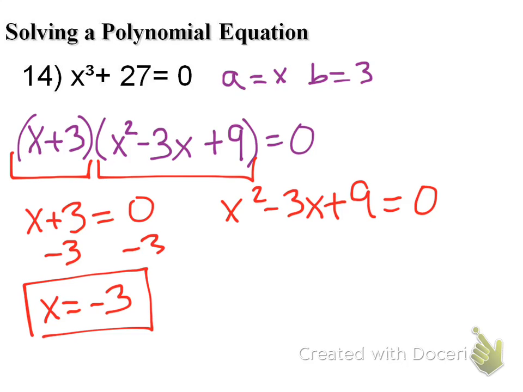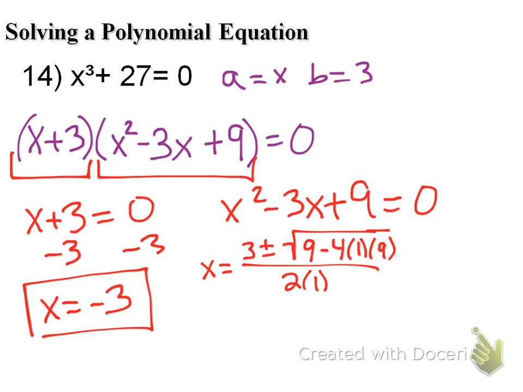Negative b plus or minus the square root. Yeah, the quadratic formula. Good. So I have negative b plus or minus the square root of b squared. That's going to be 9 minus 4 times 1 times 9, all over 2 times 1.